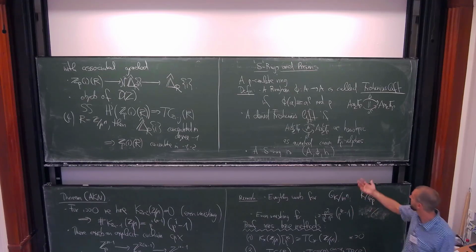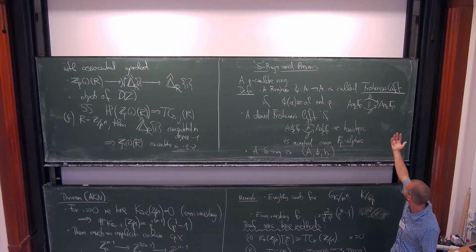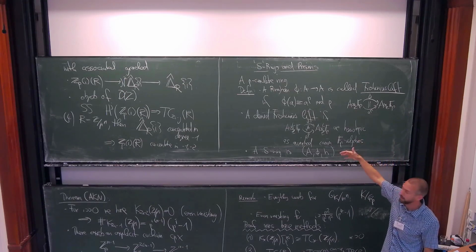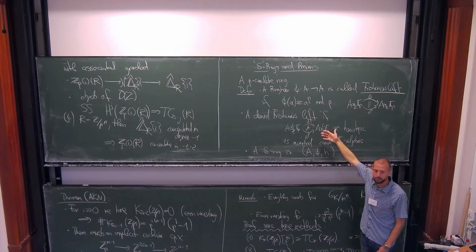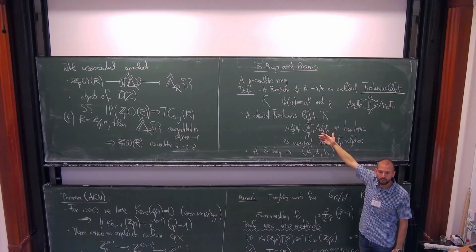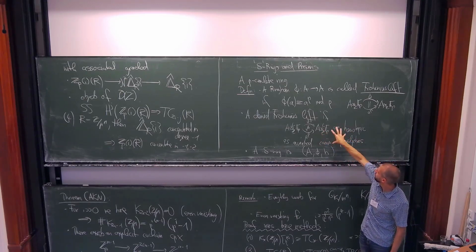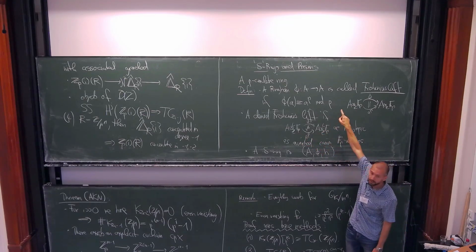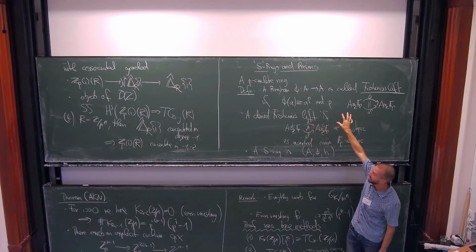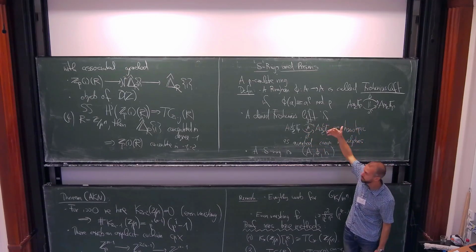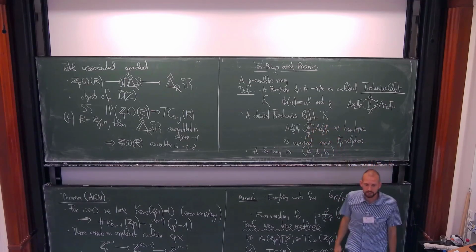And you see, if you have an actual Frobenius lift, it might or might not be the case that you can extend it to a derived Frobenius lift. If you have a derived Frobenius lift, then by passing to pi naught, you get an actual Frobenius lift. But an ordinary Frobenius lift might not extend to a derived one, and even if it does, there might be different choices.